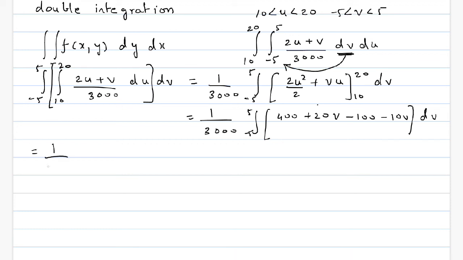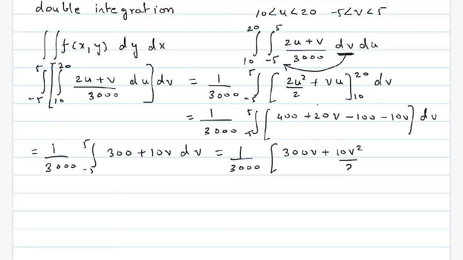So we are getting 1 by 3000, integration -5 to 5, and we have 300 plus 10v, dv. Now we will integrate with respect to v. So we'll get 1 by 3000 times 300v plus 10 times v square by 2, from -5 to 5. Now we'll substitute our values. 1 by 3000 as it is.